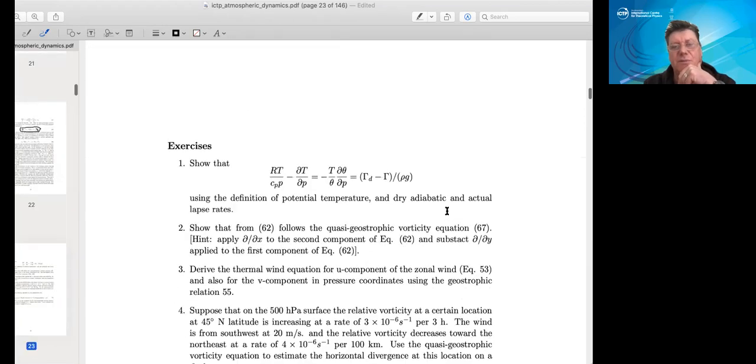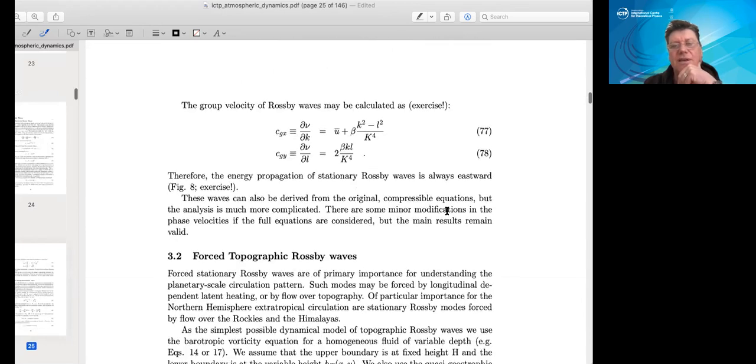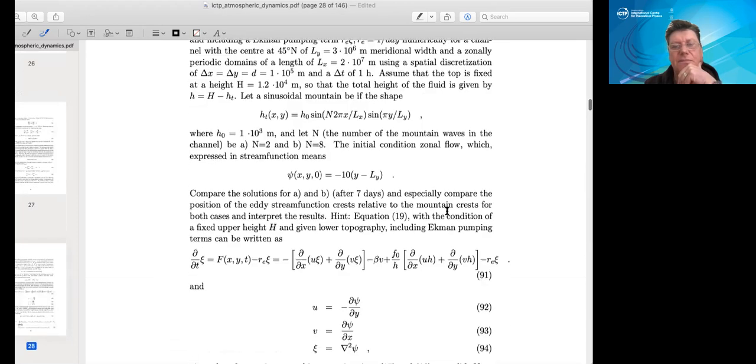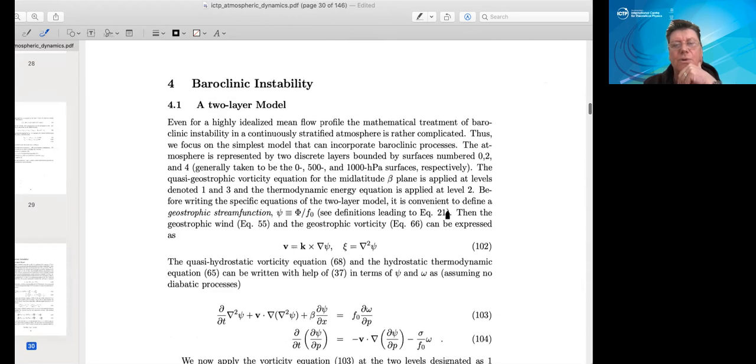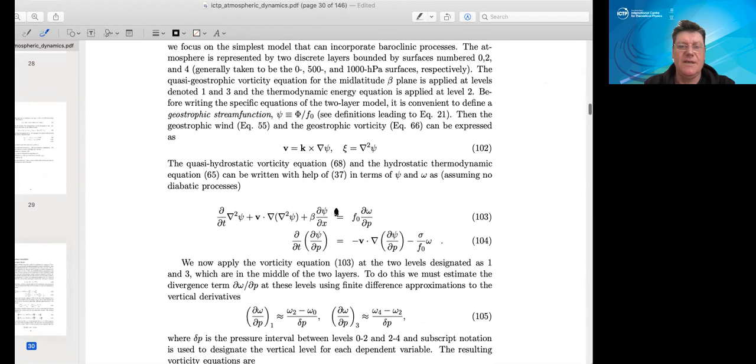But that makes the system also more interesting. So that is what we want to do today. We want to look at this equation here, which is again the vorticity equation, just in the same way.